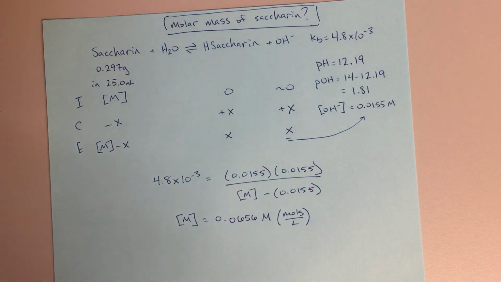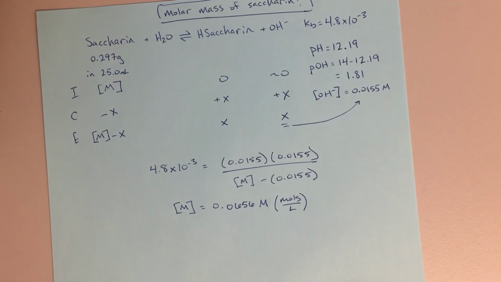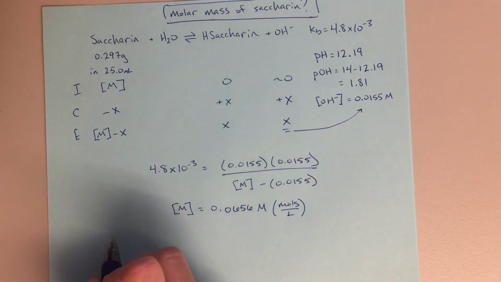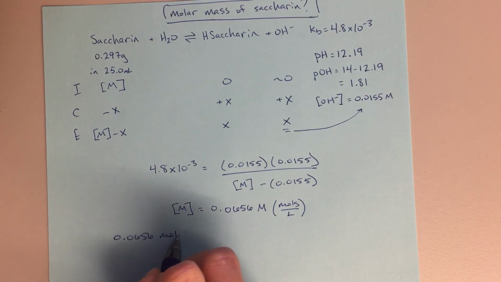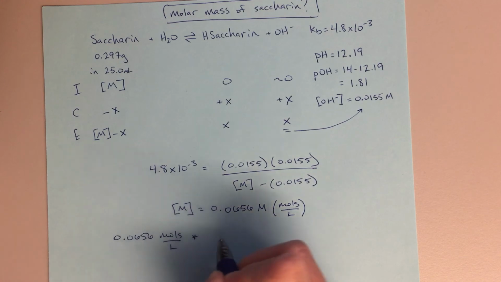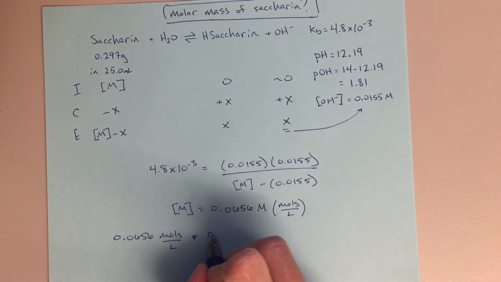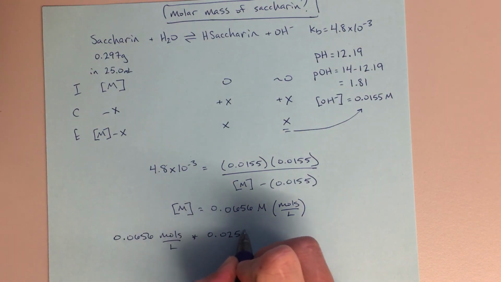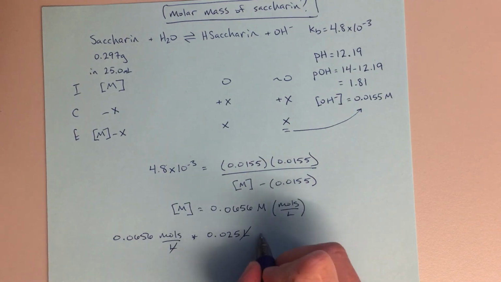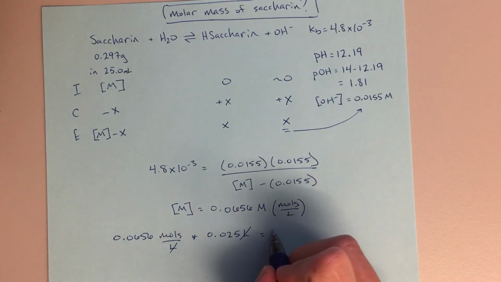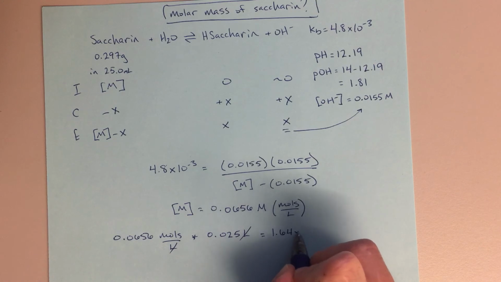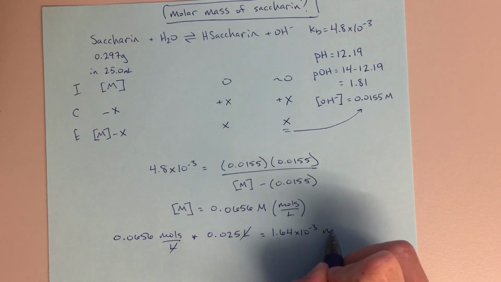So at this point, I've essentially got all the pieces I need to solve for my molar mass. The next thing that I'm going to do is take that 0.0656 moles per liter and multiply that by my volume. My liters will cancel, and I will get 1.64 times 10 to the minus third moles.